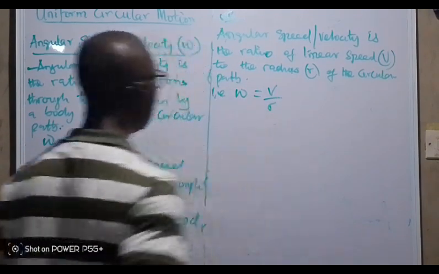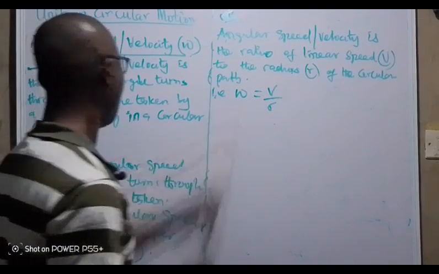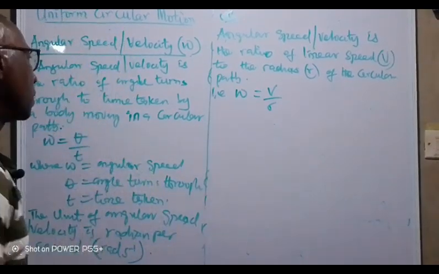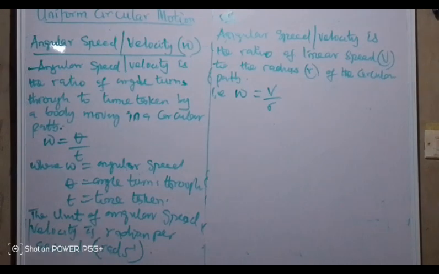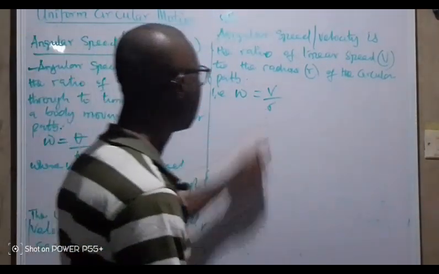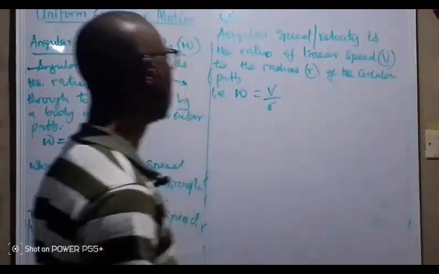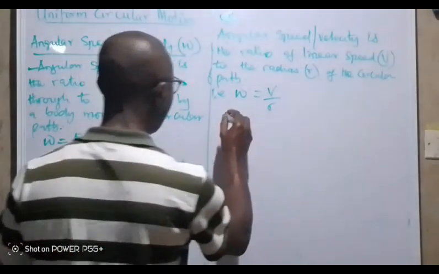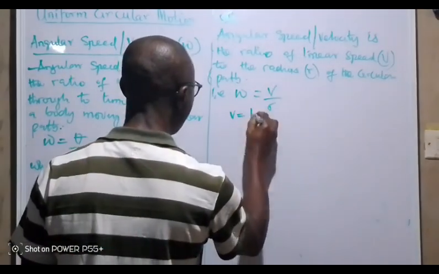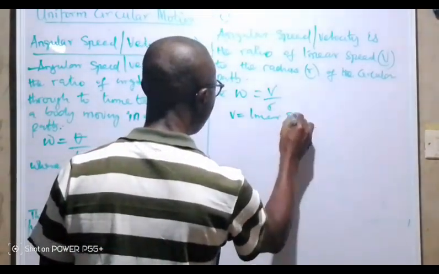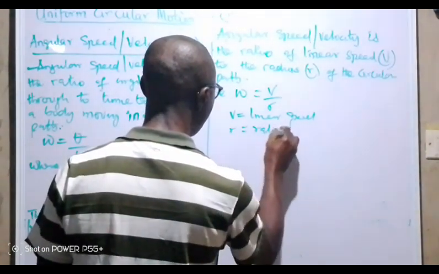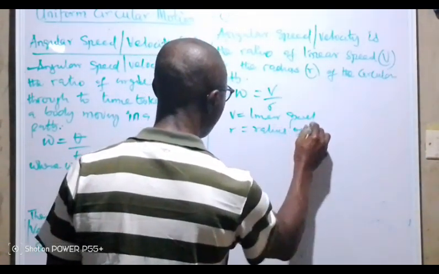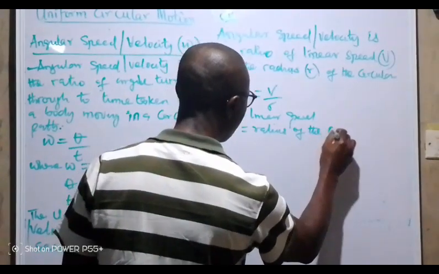Don't forget, omega is angular speed or velocity, v is linear speed, and r is the distance from the central part, the radius of the circle, the radius of the circular path.